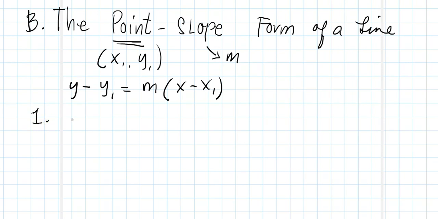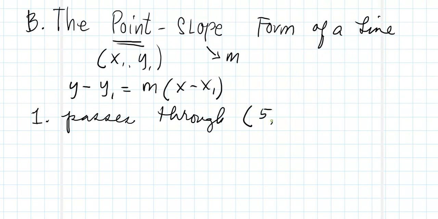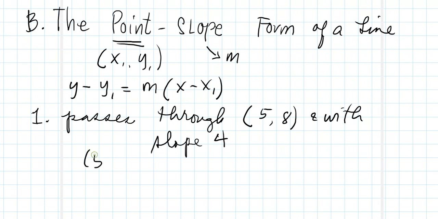Example number 1. Find the equation of the line that passes through the point with slope 4. Given your point is (5, 8), your slope is equal to 4.